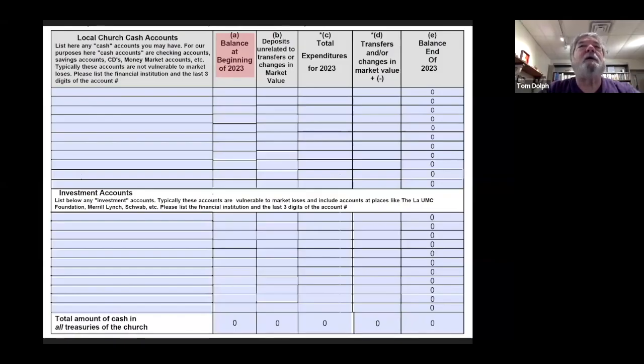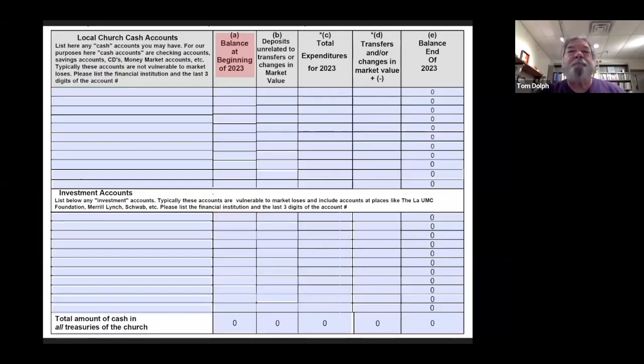Your banks, your investment corporations, your Louisiana Foundation, they all send you annual reports, and they have an ending balance for 24 and a beginning balance for 23. Those are the numbers that should be included either in the liquid section as a beginning balance or the investment section as a beginning balance.